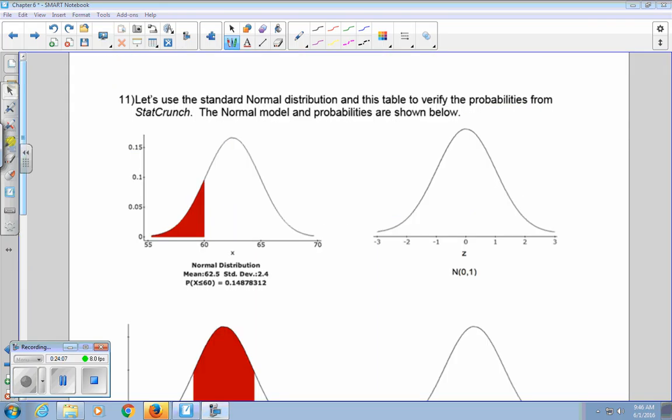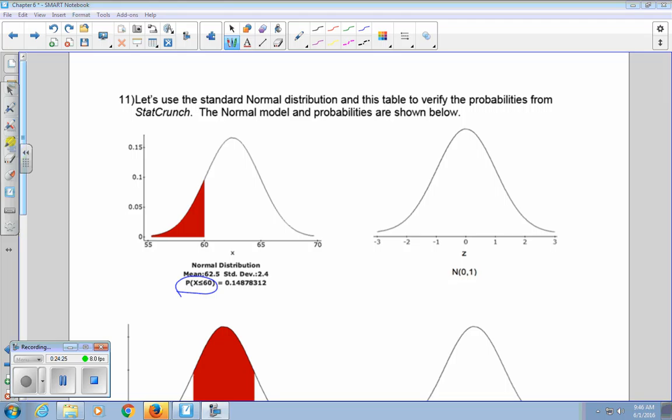So let's use the standard normal distribution and the table to verify the probabilities from StatCrunch and get a little bit more practice finding the area. So here in our first example, we're looking for the probability of selecting a woman that's less than 60 inches, okay?